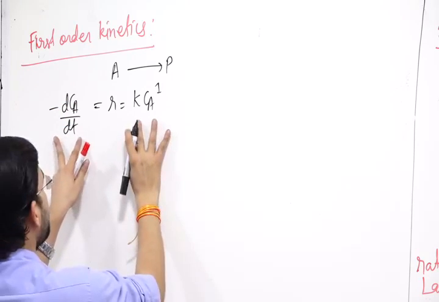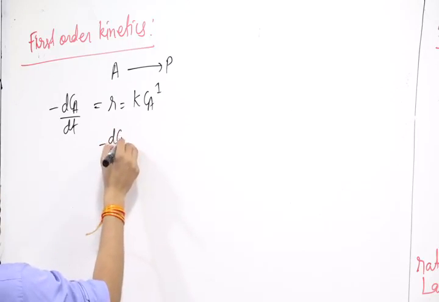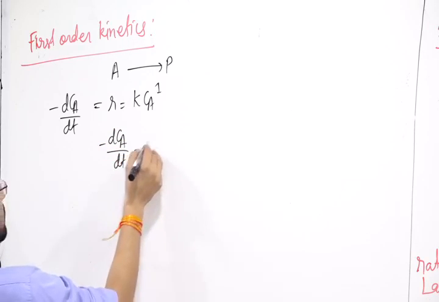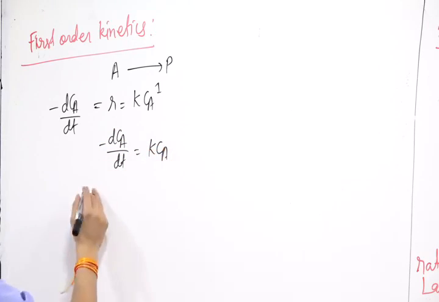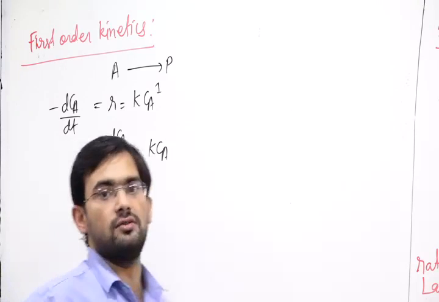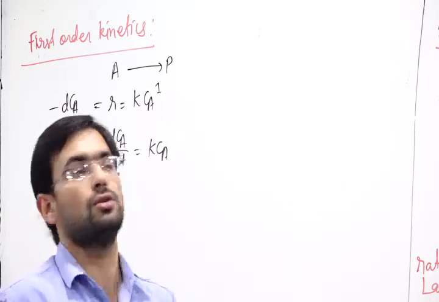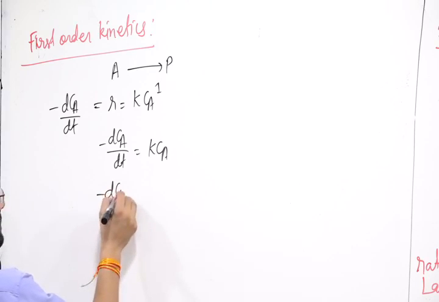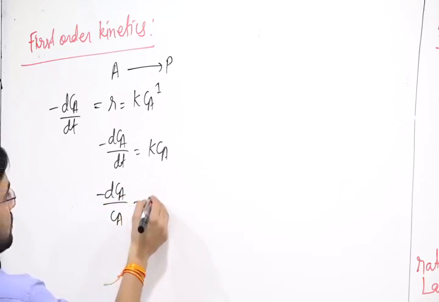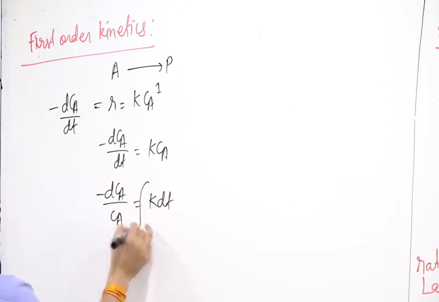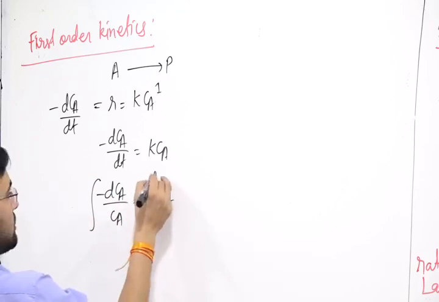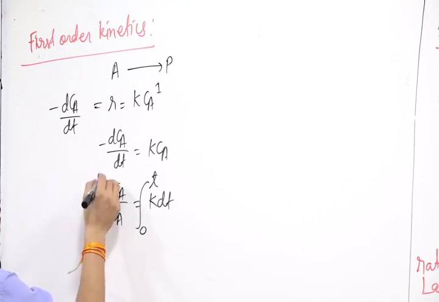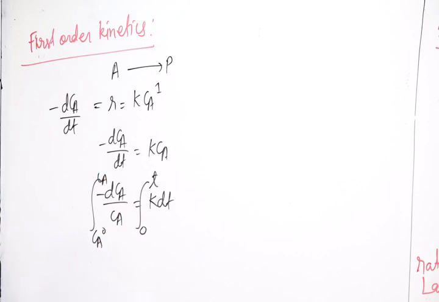These two must be equal, so I get minus dCa by dt equals kCa. We apply the variable separation method to solve the differential equation, so we get dCa by Ca equals k dt. We put the integration sign from 0 to time t, and Ca naught to Ca. Ca naught is known as the initial concentration.